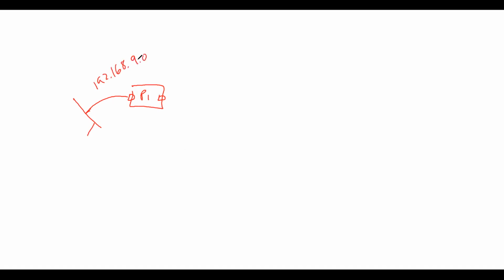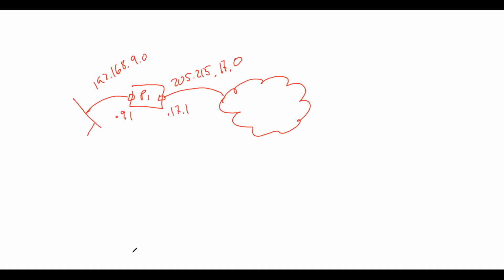And then here, this is connected to the web, the internet. So this one is 205.215.17.0. Remember, they would have specific addresses here, like .9.1, let's say, and .17.1.